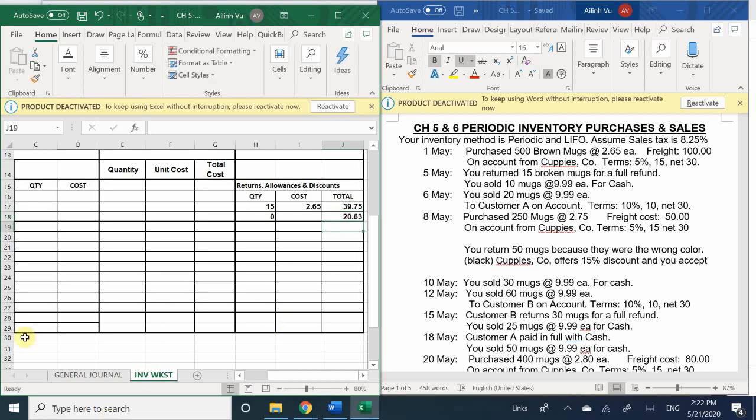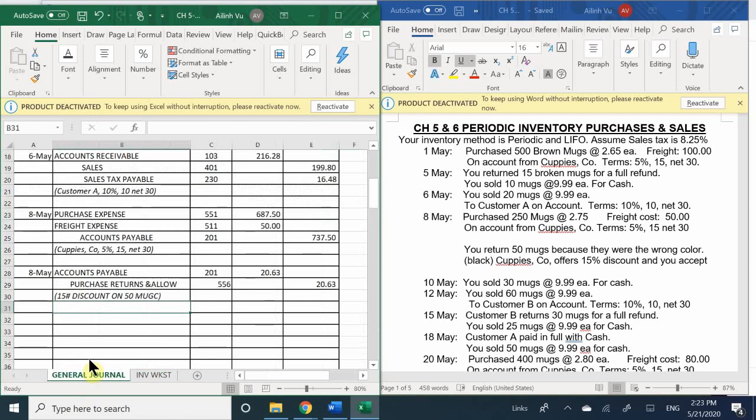Yes, we're gonna recognize. We're gonna return 0 items. However, we got a discount, so they're giving us money back of $20.63. Okay, good. All right, and here we recognize that we got a 15% discount off of those 50 mugs.